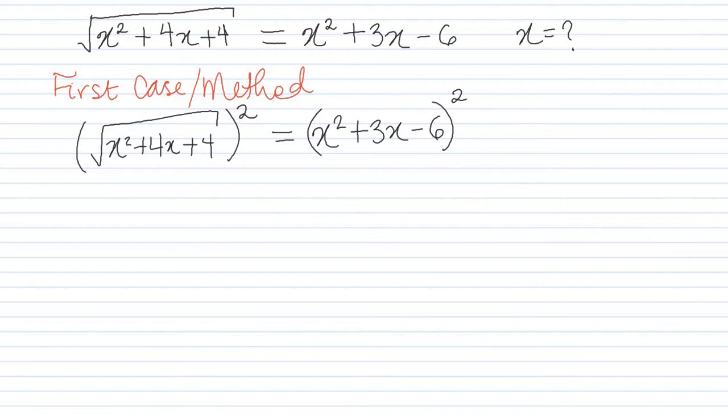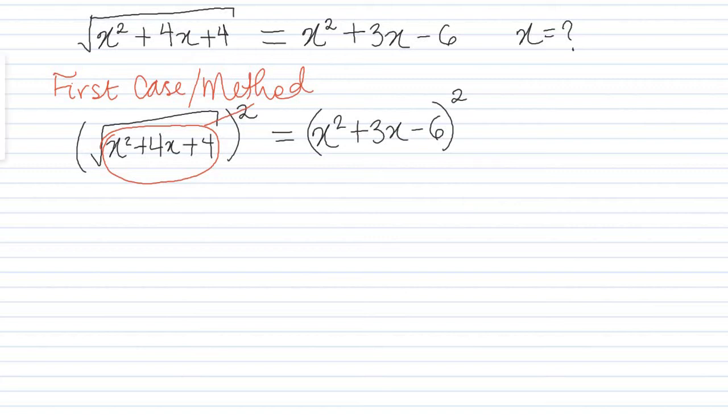Now what this entails involves the square root squared. When you do that, what you end up with is not the square root or the square, but what is inside of the square root. So basically the square and the square root cancel out.